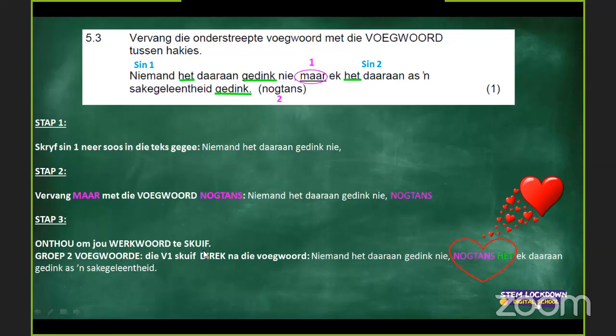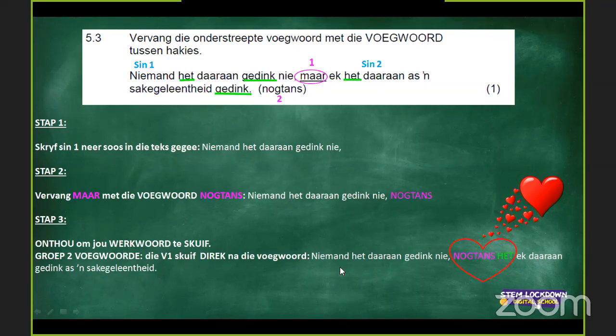But onthou om jou werkwoord te skuif, stap 3. Remember to now move your verb of the sentence following the conjunction. Onthou, groep 2 voegwoorde, die verb 1 skuif direk na die voegwoord. Okay, so our rule for group 2 conjunctions, verb 1 moves directly after the conjunction.